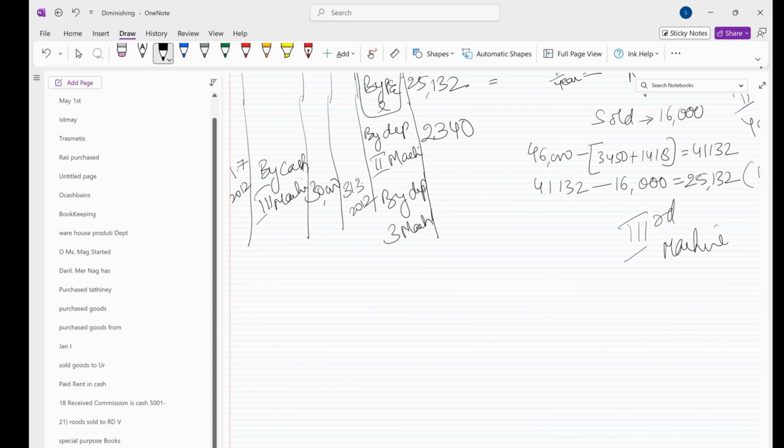Okay. Now you used this third machinery for 9 months. Third machinery cost is 30,000. On that 10% depreciation, that is 3,000. But you used it only for 9 months.